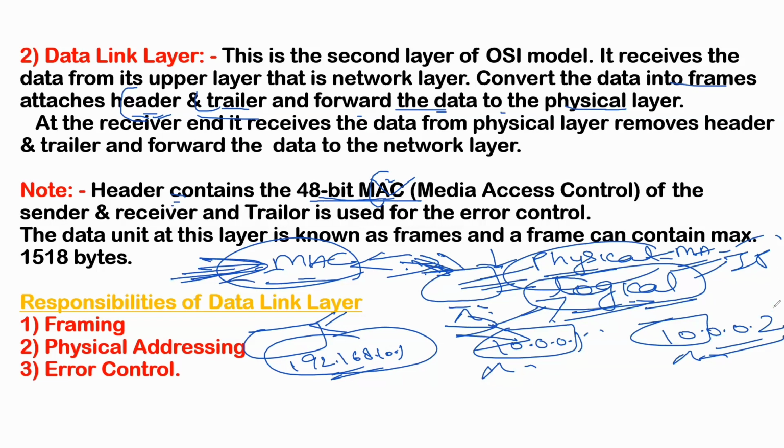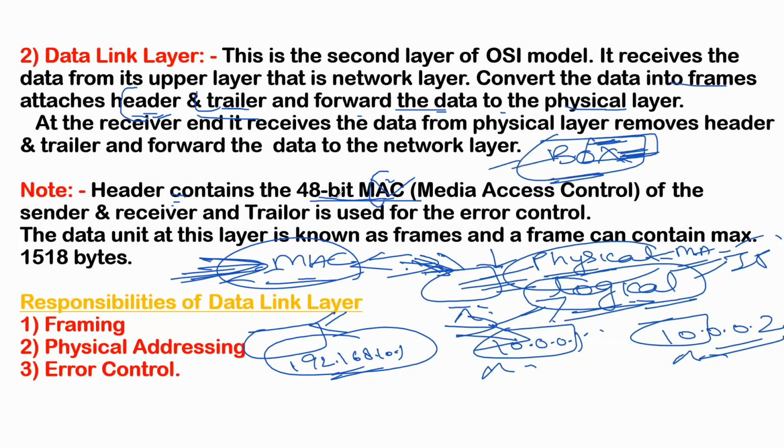So the header contains the 48-bit MAC address of both devices. Take the example of a box. Suppose you send a box from Delhi to Mumbai, and you put a slip on the box with the sender address and the receiver address.